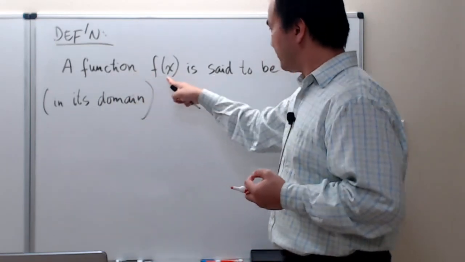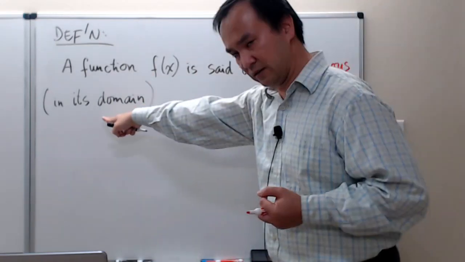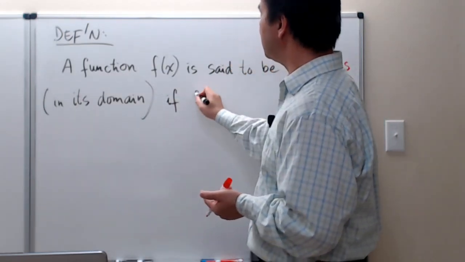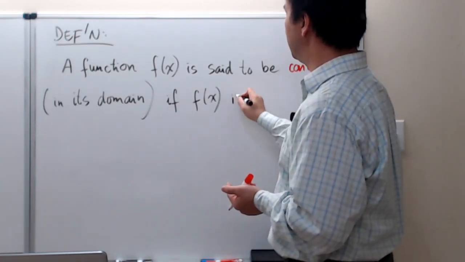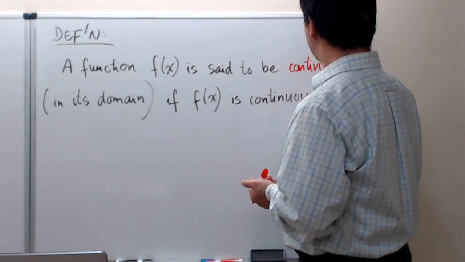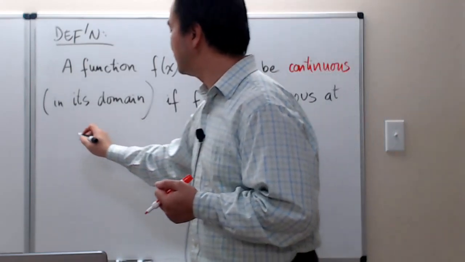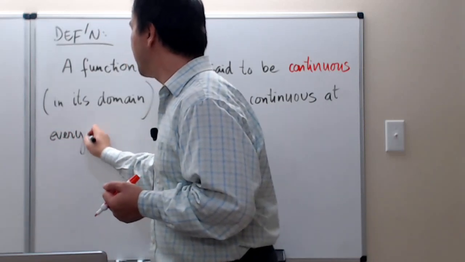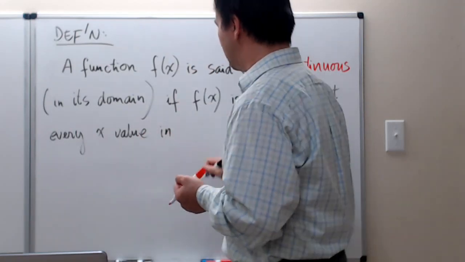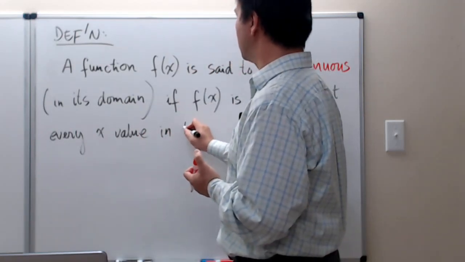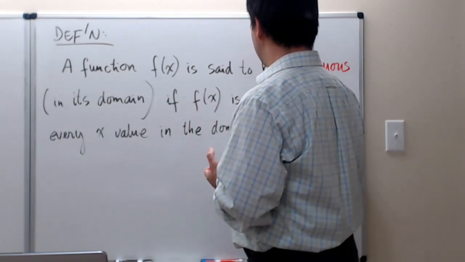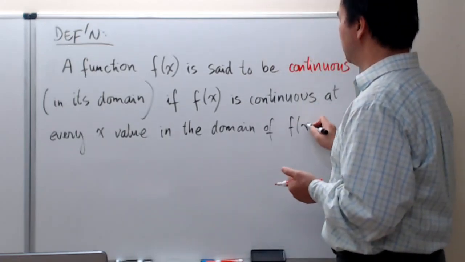And so a function f of x is said to be continuous, of course in its domain, if f of x is continuous at every x value in the domain of f of x.